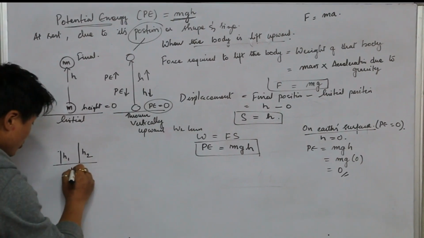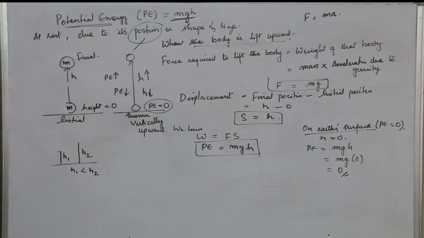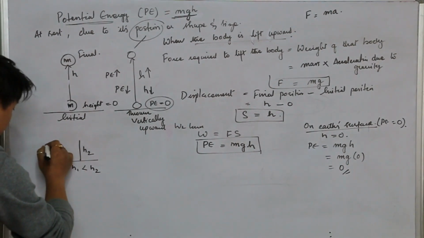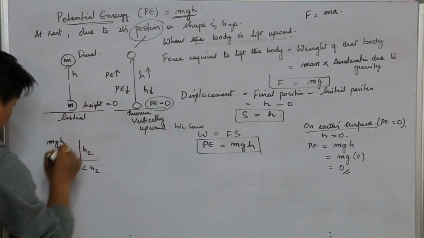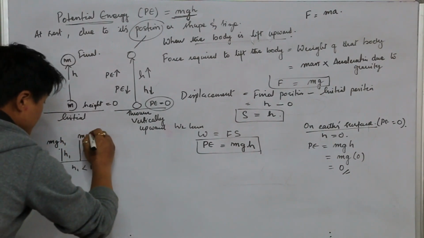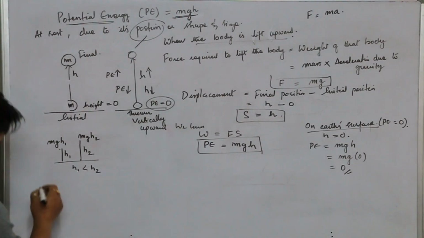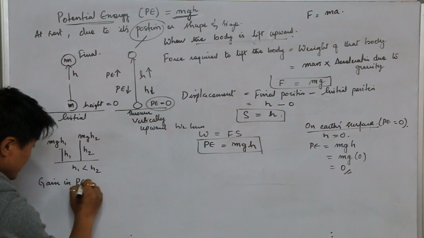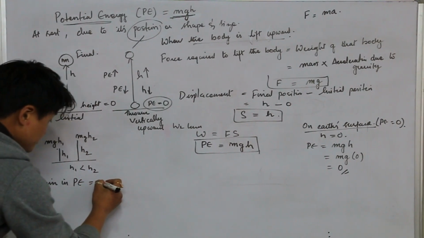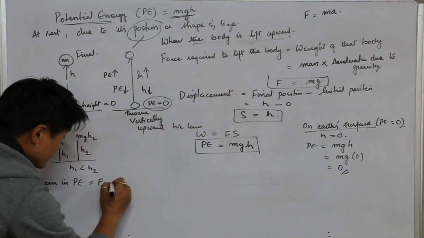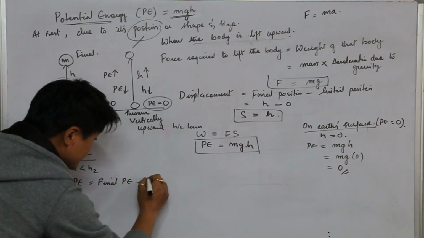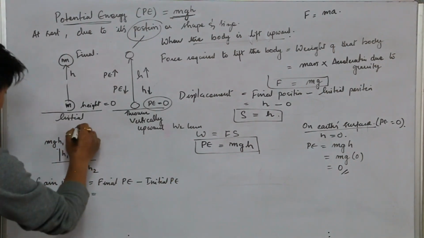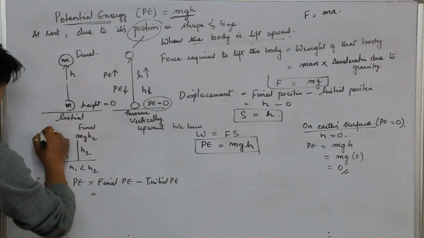If h1 is less than h2, or h2 is greater than h1, the potential energies will be mgh1 and mgh2. So the increase or gain in potential energy will be final potential energy minus initial potential energy.